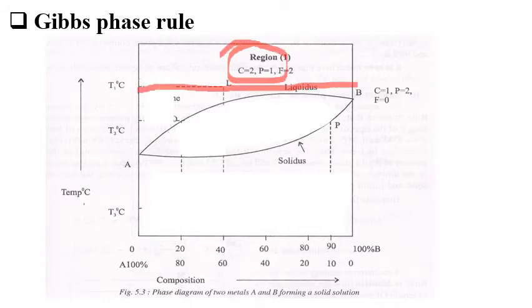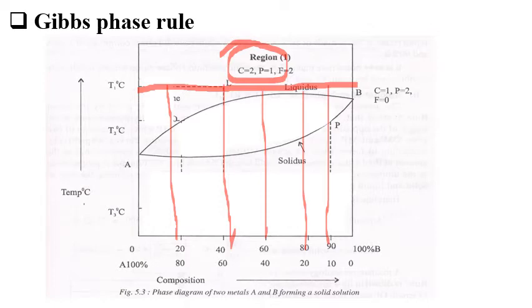So what we can understand here is, if you take any line at a temperature T1 for any fractions here, on this line the number of phases present is equal to 1, that is only one liquid, and this is a binary diagram, so components are 2.